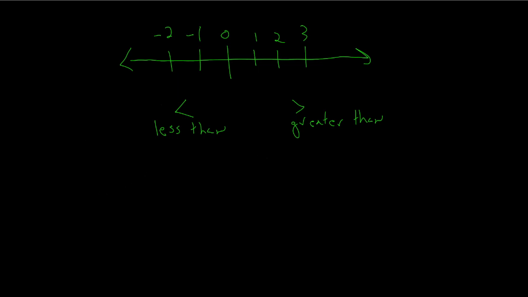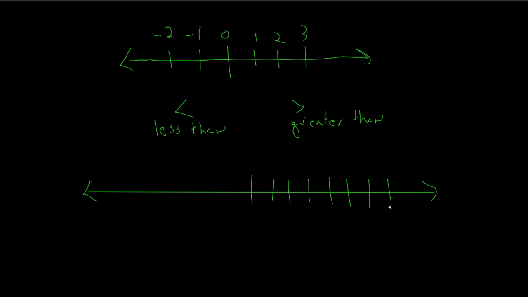So let me get a better number line here. I'll have the origin here. 1, 2, 3, 4, 5, 6, 7 in each direction. So I can talk about the number -3. I'll move 3 to the left. So this is -3. And I can talk about the number -5.